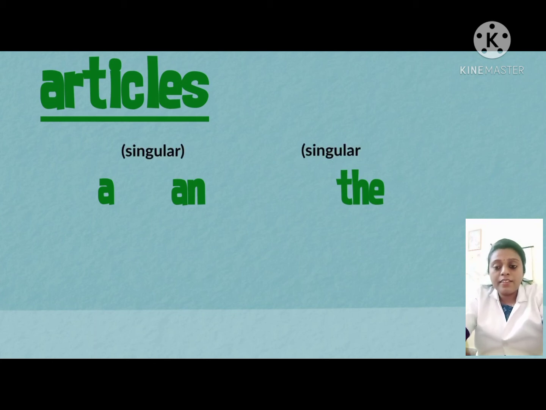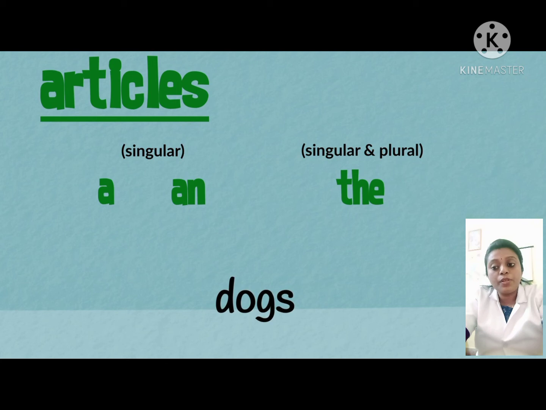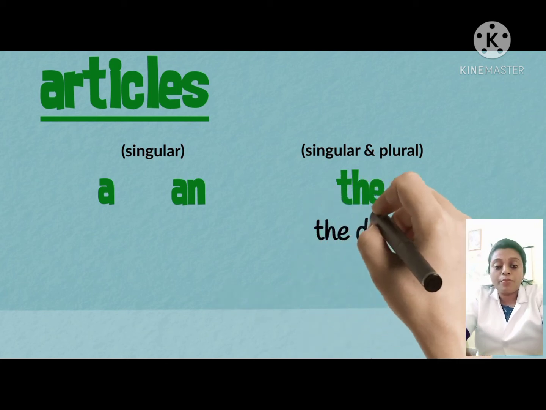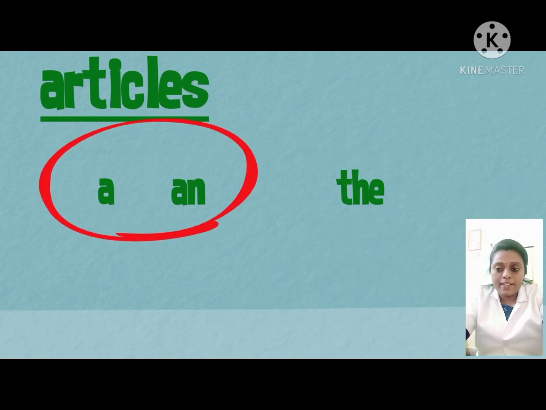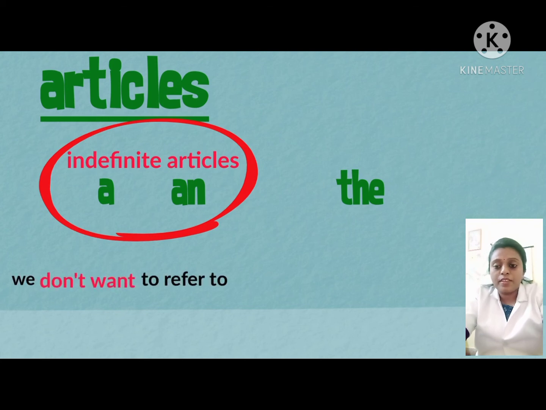A and an are used for singular nouns, and the is used for both singular and plural nouns. For example, dogs. Dogs is plural, so we can use dogs with the: the dogs. Next is shoe. Shoe is singular, so we used it with a shoe, or the shoe. We can use it with the also.